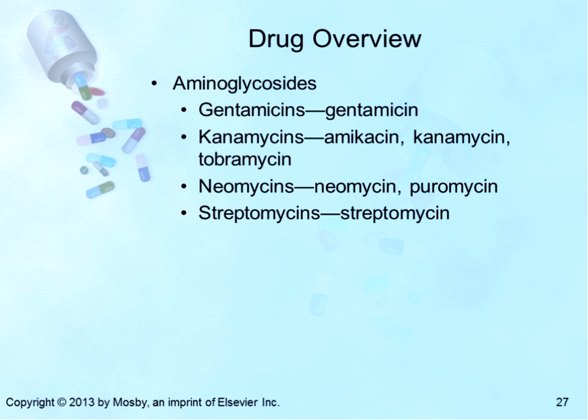Their use in treatment of infections is either IV or IM. Oral aminoglycosides are not absorbed. Their only use is for suppression of intestinal bacteria in GI preoperative surgical preparation.